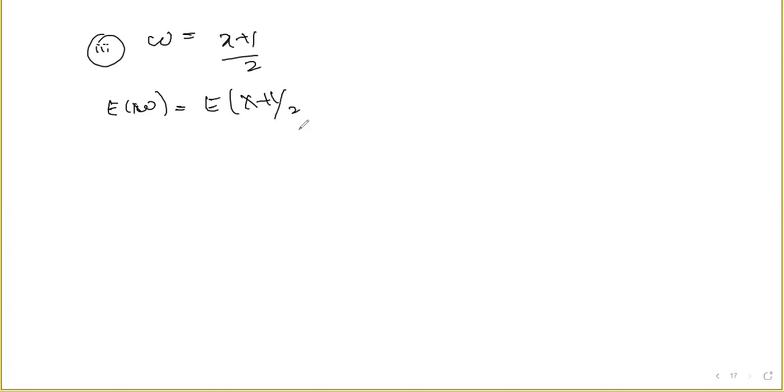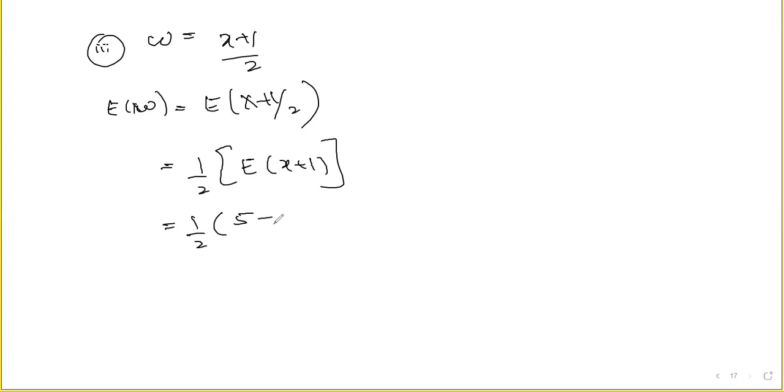Next, third one. X is completed, y, z. Okay, let us consider w. W equal to (x plus 1) by 2. Then expected value of w equal to expected value of (x plus 1) by 2. This is nothing but 1 by 2 expected value of x plus 1. So this is equal to 1 by 2, expected value of x is 5, plus 1. So this is nothing but 6 by 2.